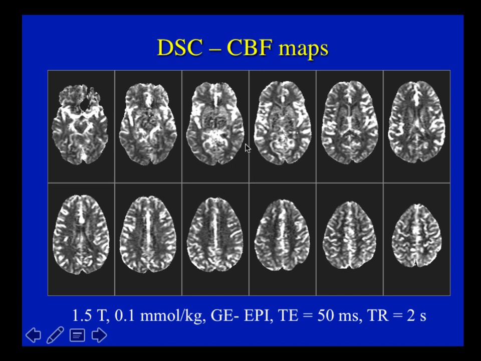So here's an example of CBF maps using the dynamics obtained using dynamic susceptibility contrast of a normal subject without any pathology. You can see the difference in the gray matter and the white matter blood flow can be easily seen, and it's quite consistent across the different slices.